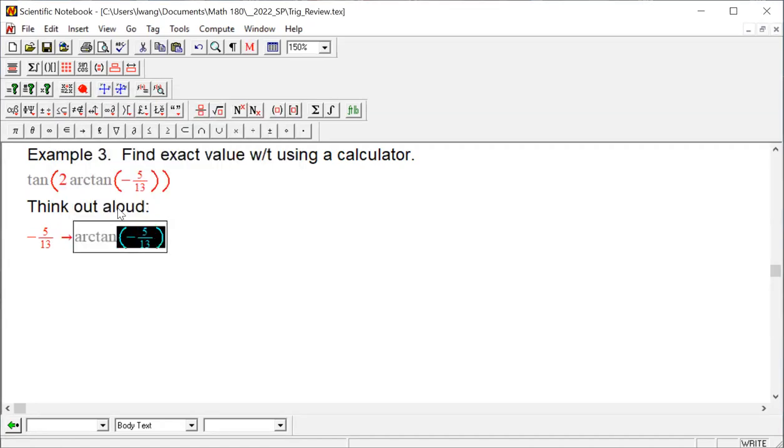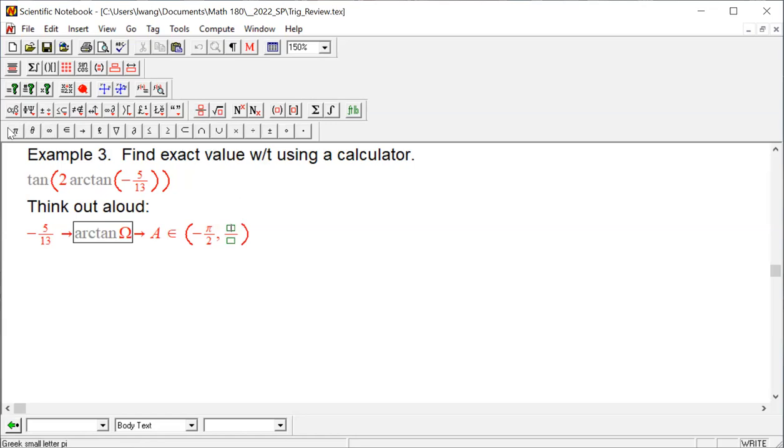So arctan produces an angle, which I'll call omega just randomly. This angle is going to be in the range of arctangent. The range of arctangent is -π/2 to π/2, right?